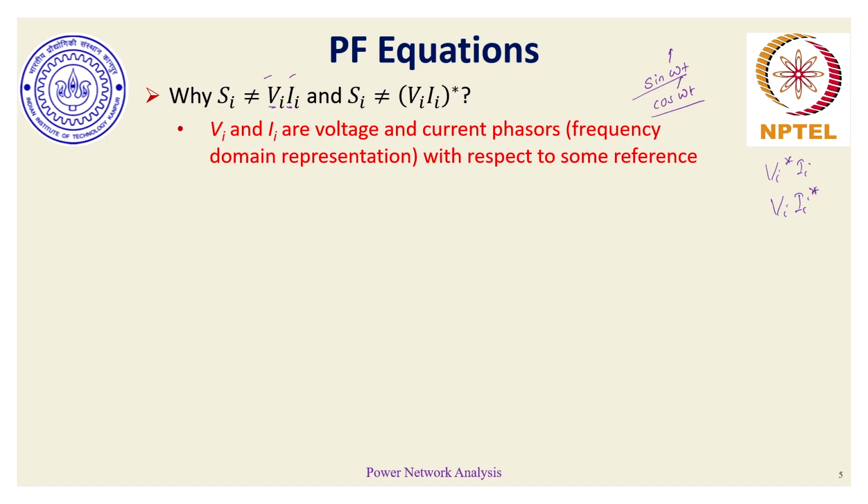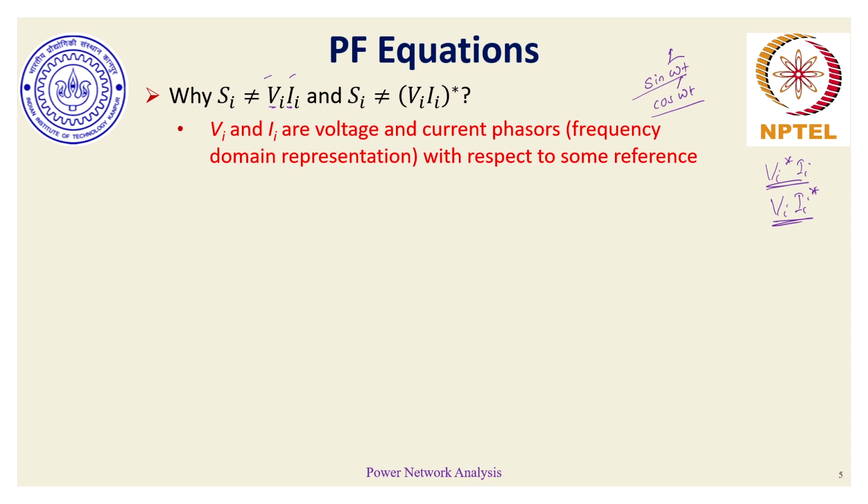If the angle is plus theta I for current, I conjugate would have minus theta I as the angle, and when represented in the time domain, the corresponding sine omega t chosen as a reference would now become sine of minus omega t. So to get rid of the frequency or phasor dependency, one of these quantities should have a conjugate, so that the average power remains time invariant.